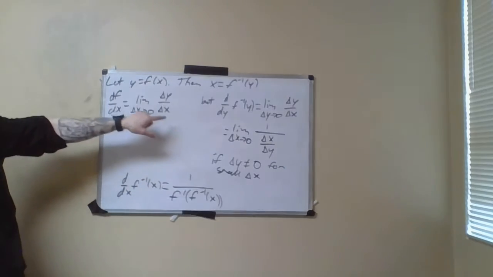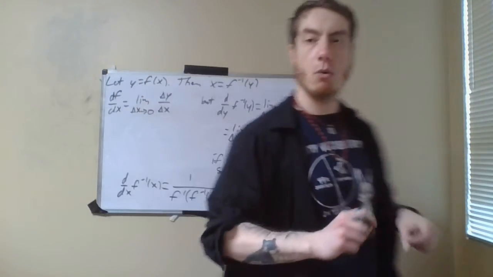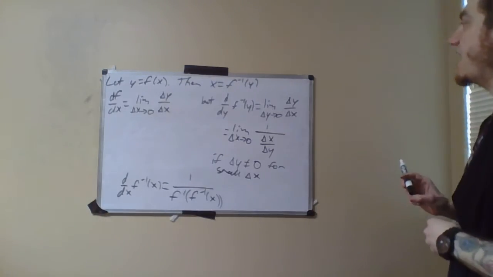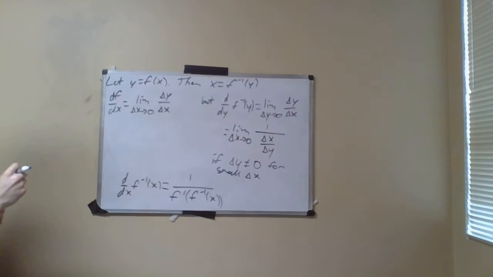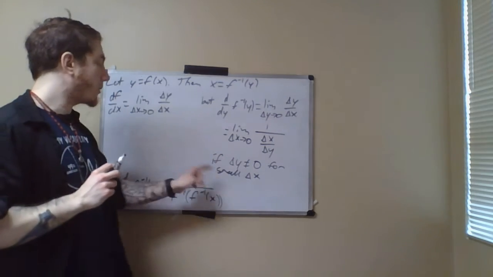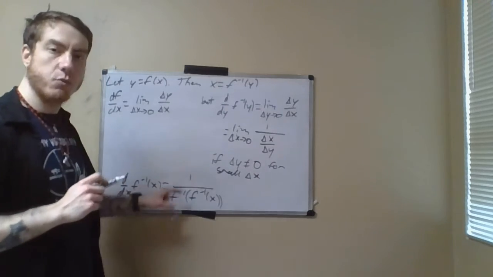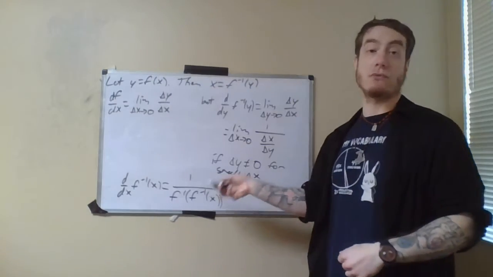But this is actually just the reciprocal of this derivative. And so what we find is that the derivative of f inverse at y is actually just 1 over f prime of x. But if you rewrite that, when you change all the variables around, you end up with exactly this formula.